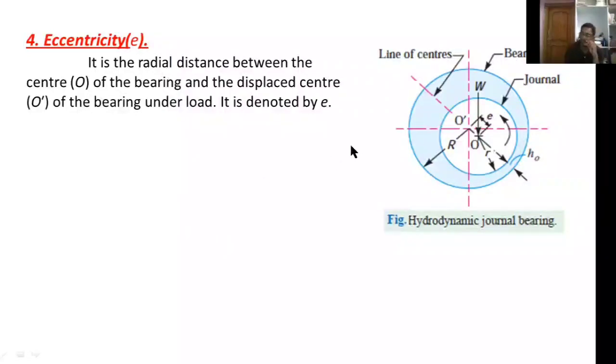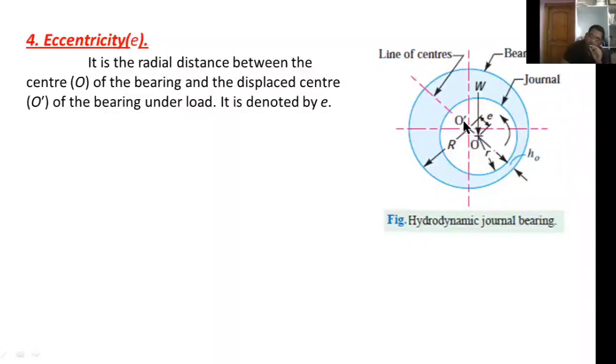It is denoted by symbol small e. Eccentricity is the radial distance between the center of the bearing and the center of the shaft.